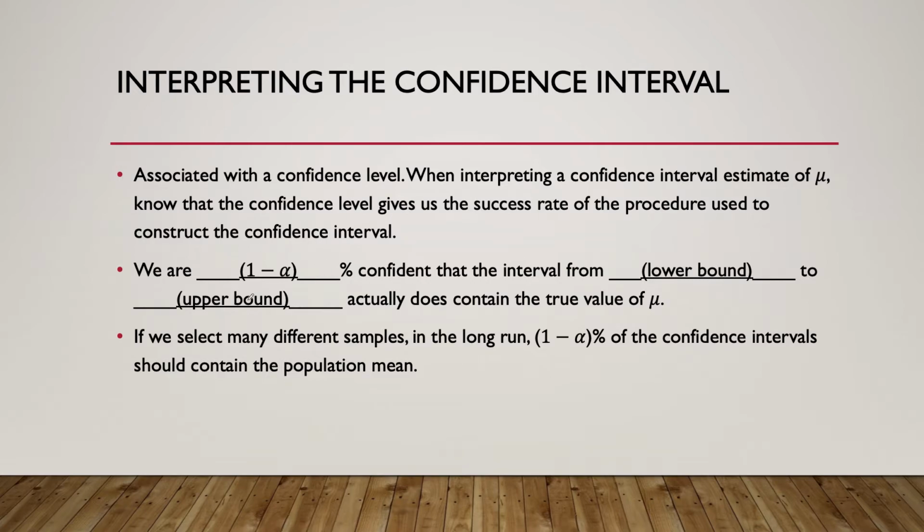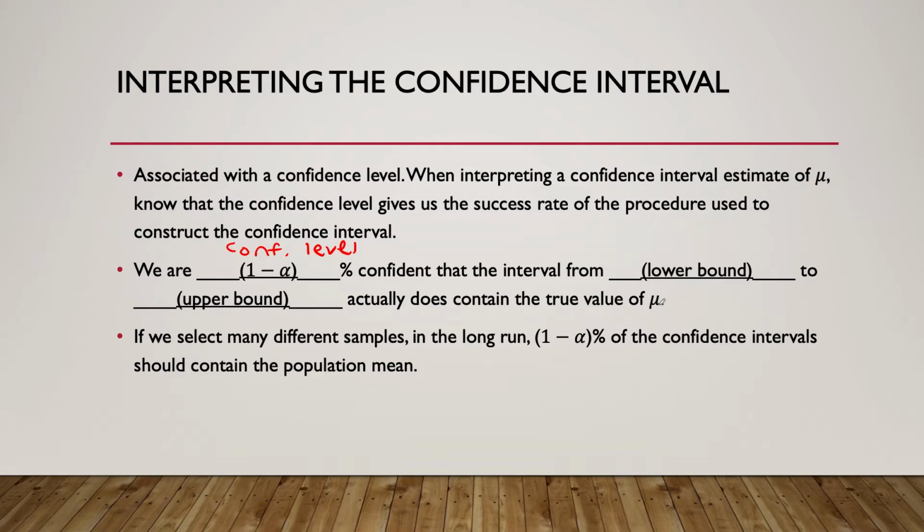So again, this is in the form of 1 minus alpha. Whatever the confidence level is goes in this first underlined part, confidence level. So we are 1 minus alpha % confident that the interval from the lower bound to the upper bound actually does contain the true value of the mean mu.